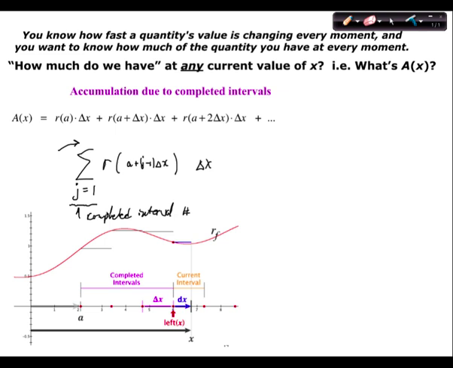The last one is going to be the number of completed intervals, right? It's all the completed intervals. For whatever x we have, j is going to go from 1 up to the number of completed intervals. Okay, so I have a much prettier version of that.